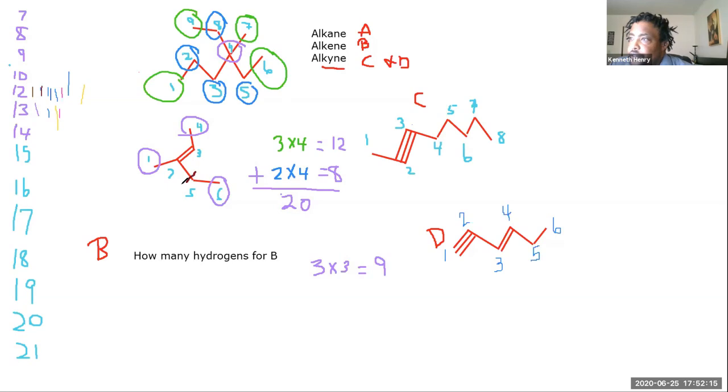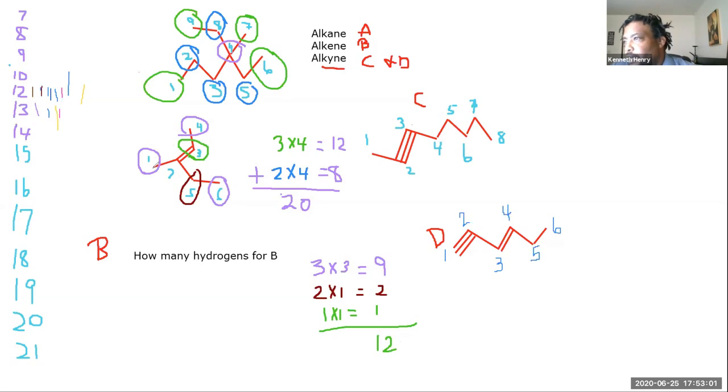Carbon 5 is going to have 2 hydrogens. Carbon 3 is going to have 1 hydrogen. So the answer is 12.